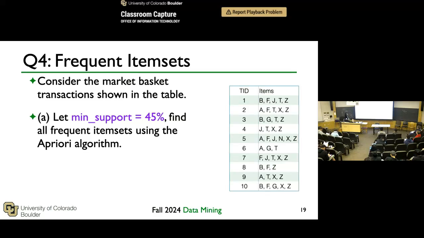With the Apriori algorithm, there is this iterative process. First scan, you find the frequent 1 item sets. Then you generate the candidate 2 item sets, and another scan finds the frequent 2 item sets. So basically, you iterate that process.